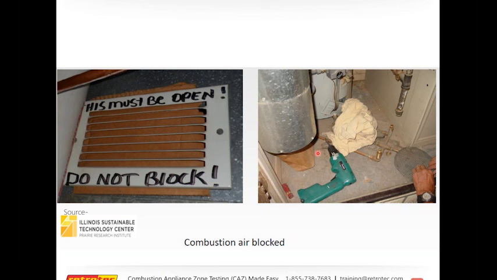And then little things like this, where it says this must be open, do not block, and they blocked it. Here we have, again, this is a Cisco. Thank you so much to the Illinois Sustainable Technology Center, an IECC accredited, certified training center for the WAP program.